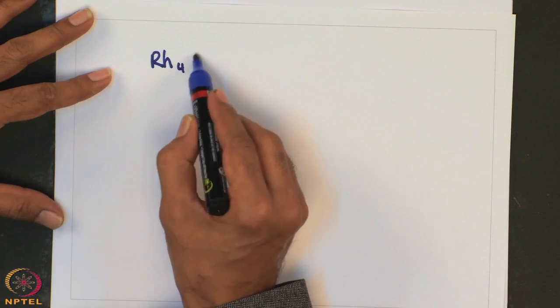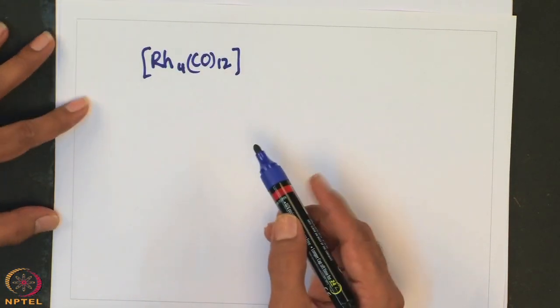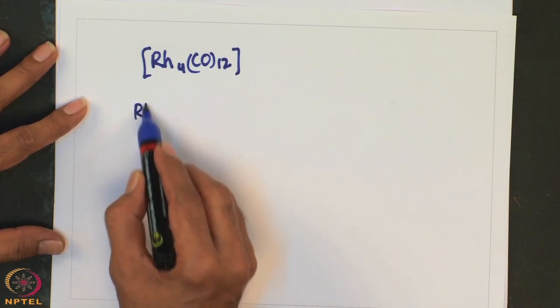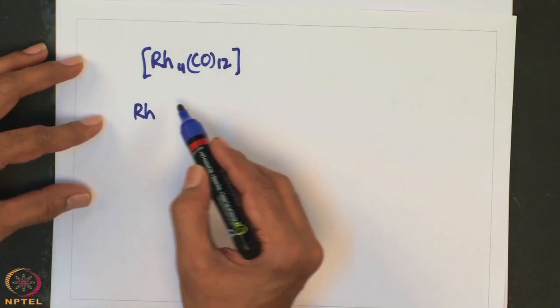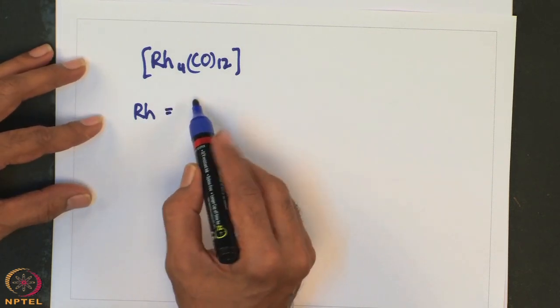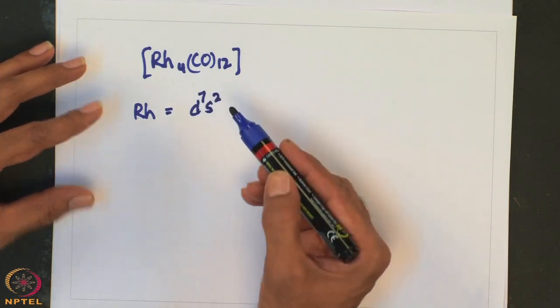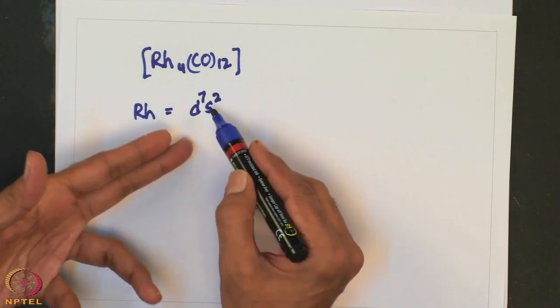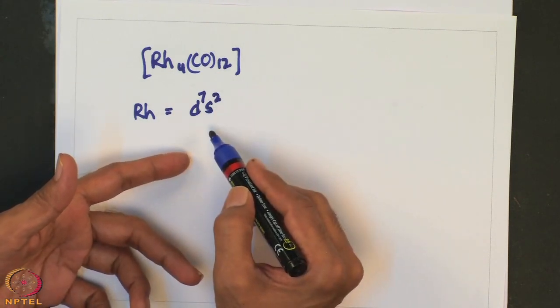Okay. So, in case of Rh4(CO)12, we have rhodium. Of course, for rhodium 7 plus 2, 9 electrons are coming. Rhodium is d7s2, like cobalt, rhodium, iridium. Cobalt is 3d7 4s2, and rhodium is 4d7 5s2.